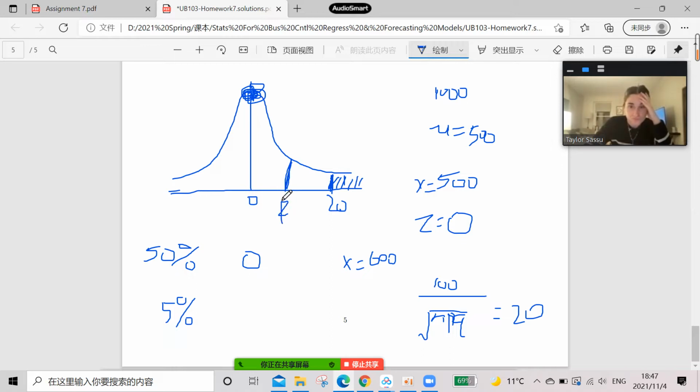So this is my z value that gives me an area of 5% on the right of this distribution. Because the whole area equals 1, the area on the left is 0.95.